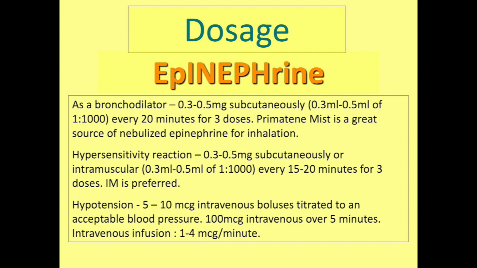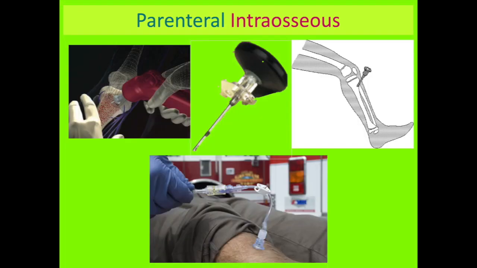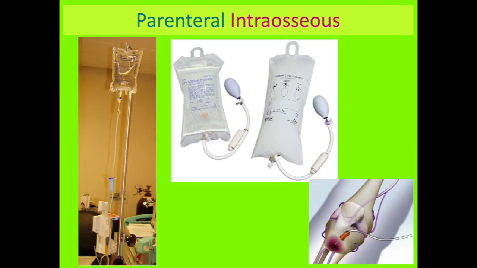We would rather use ephedrine or phenylephrine, depending on the heart rate and the blood pressure. There's such a short half-life for epinephrine that we just don't use it in hypotension. It is given either parenterally, IV, intraosseous, and it can be given through inhalation.